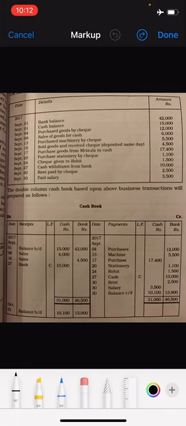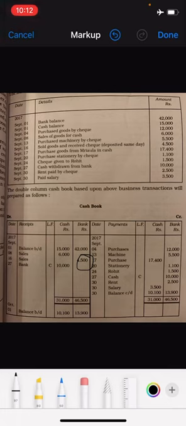So on the debit side of your cash book, what is the date? It is 16. You have to write sales, and the amount under bank column 4,500, because you received check.